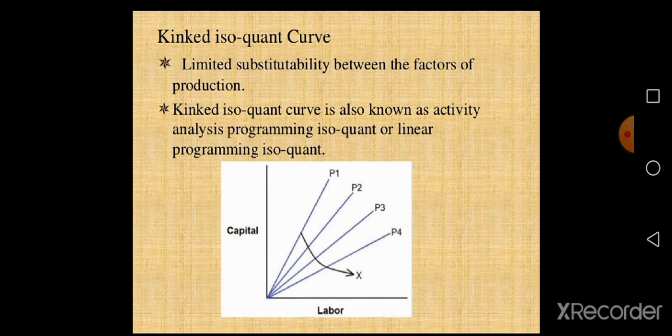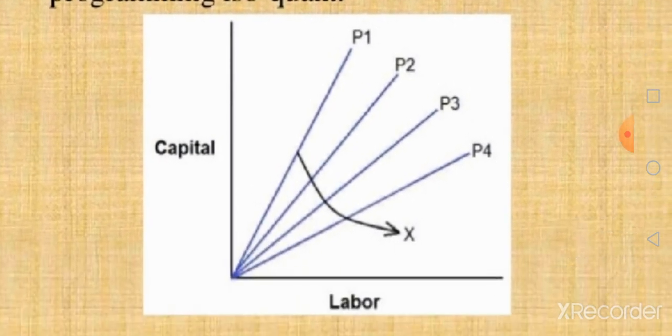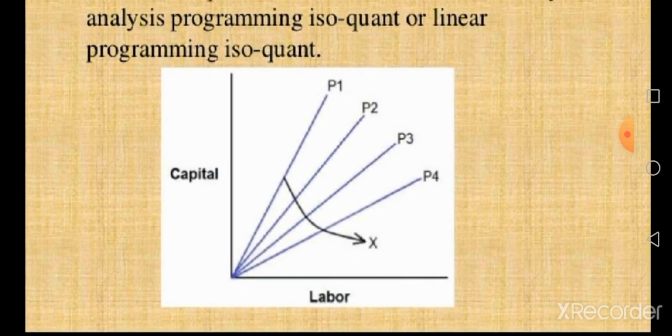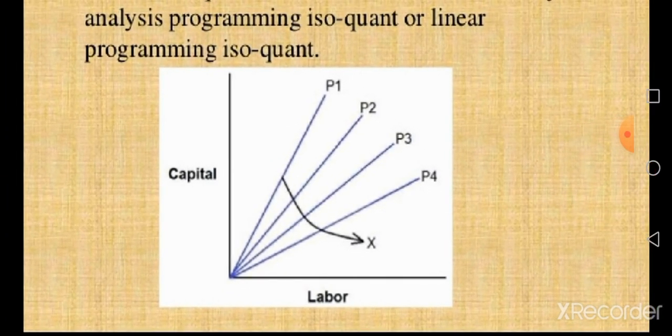It is formed when the substitutabilities are limited between the factors of production. It is formed like this graph, and this is called a kinked isoquant curve.